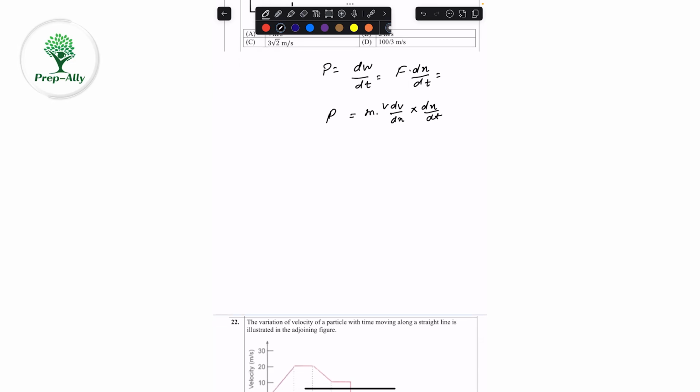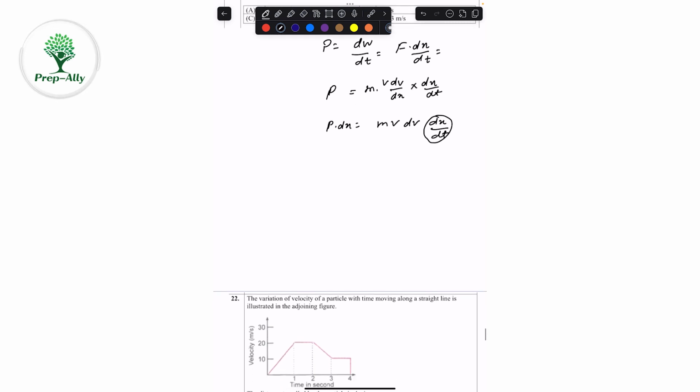Now from here you see, if I do p dx, it will be m v dv dx by dt. And what is dx by dt? It is v again, so we got p dx is equal to m v square dv.